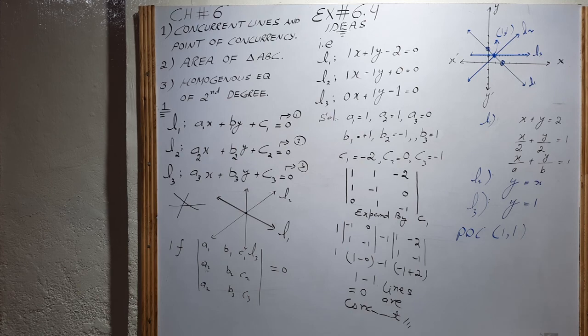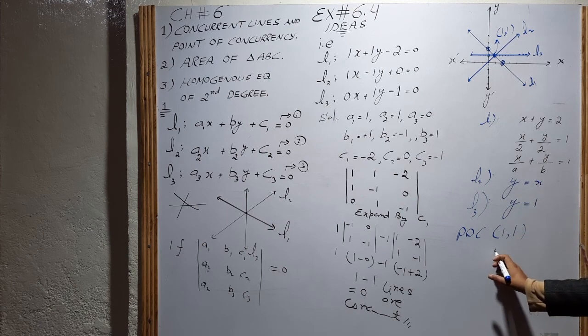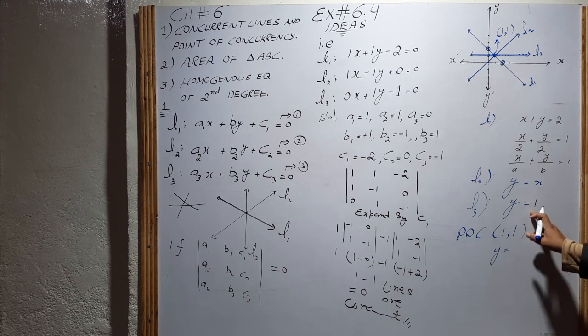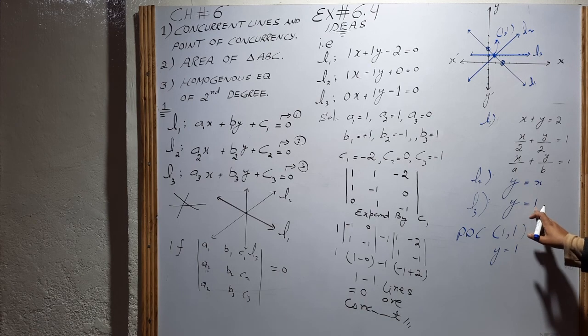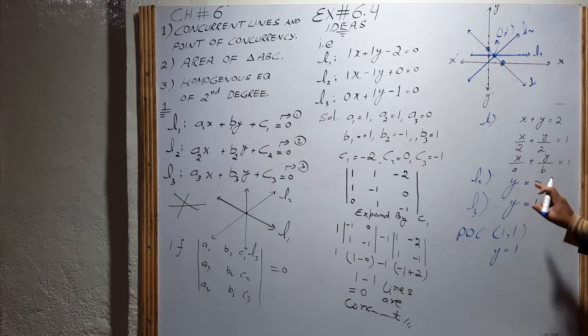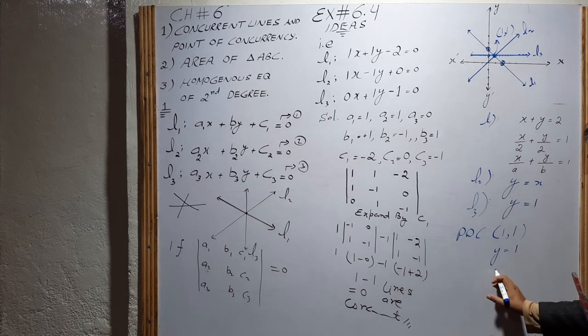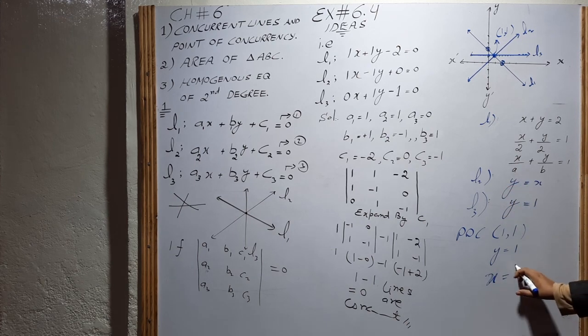We can also find it from the equations: put the y value in equation number 2. Since y is equal to 1, replace the y value 1 in this equation. So y is 1, so the x value is also 1.